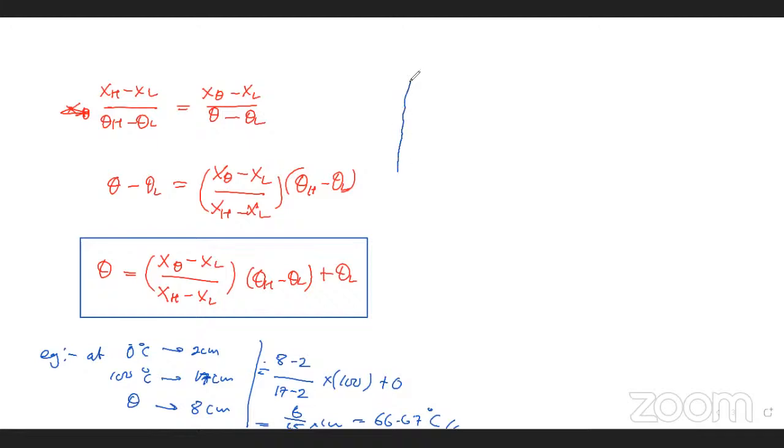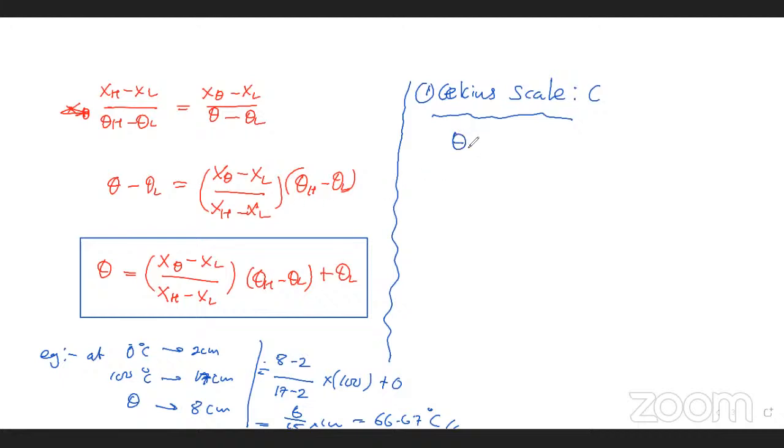Now, using this equation, we can define the different temperature scales. There are 3 scales. One is the Celsius scale. In the Celsius scale, the lower fixed point is 0 and the upper fixed point is 100.